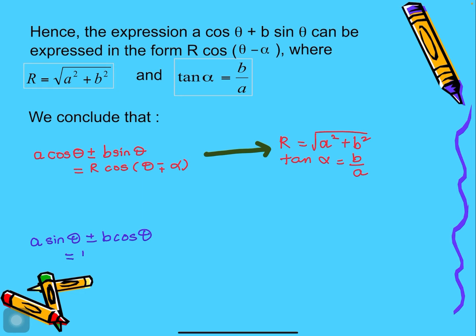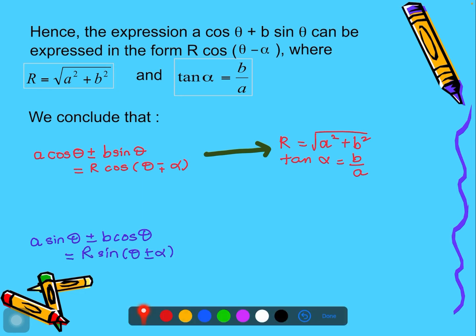And a sin theta plus or minus b cos theta is equal to r sin(theta plus or minus alpha), where r equals the square root of a squared plus b squared and tan alpha is a over b.